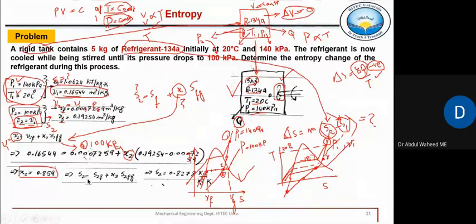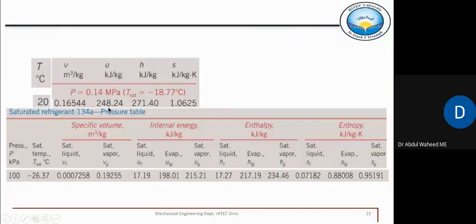So just put the values, and that is S2, 0.8278 kilojoules per kilogram per Kelvin, because we are calculating for 1 kilogram of mass. In those tables and charts, all these values are given for 1 kilogram of a substance.